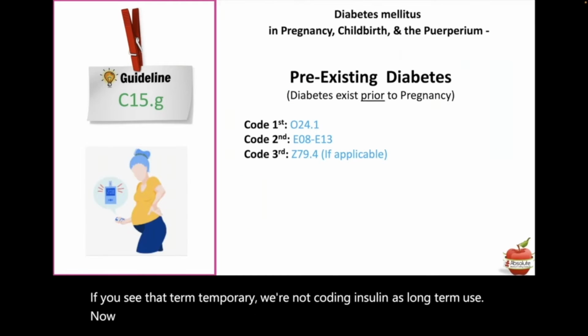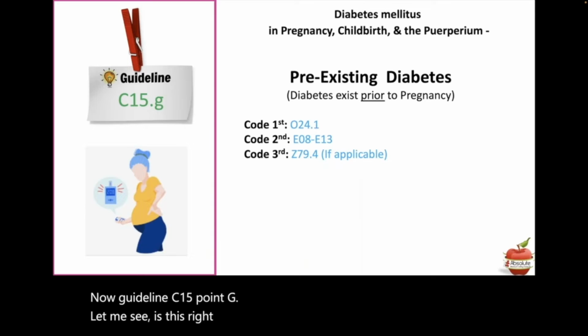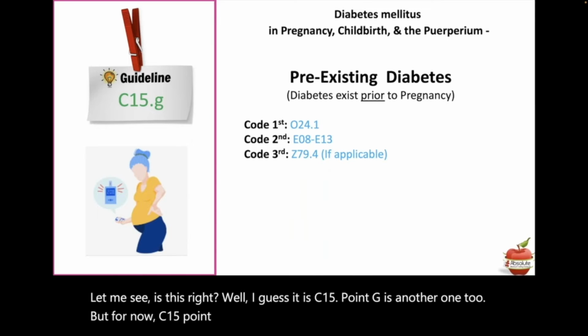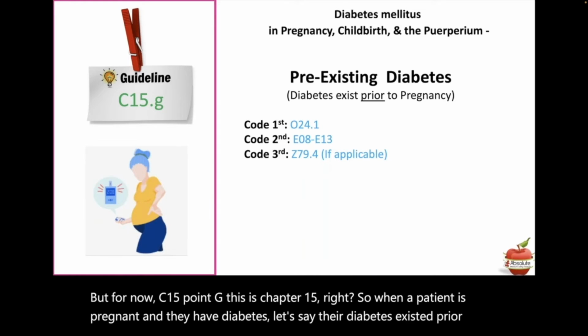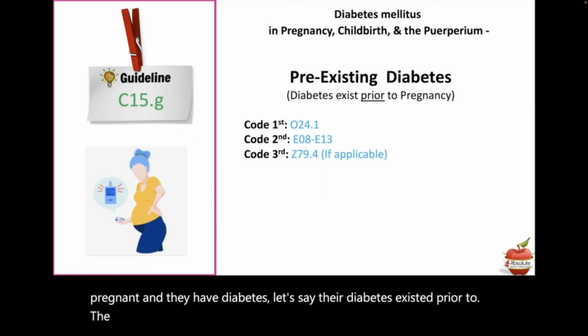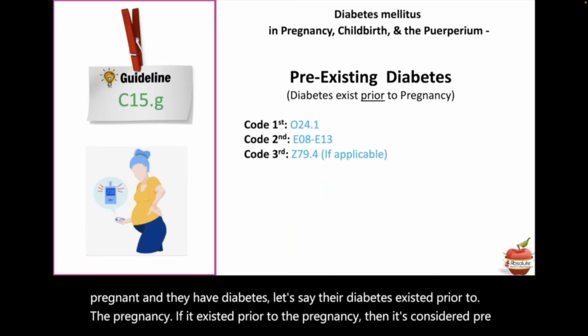Now, guideline C15.G. Let me see, is this right? Well, I guess it is C15.G. It's another one too. But for now, C15.G. This is chapter 15, right? So when a patient is pregnant and they have diabetes, let's say their diabetes existed prior to the pregnancy. If it existed prior to the pregnancy, then it's considered pre-existing diabetes mellitus.